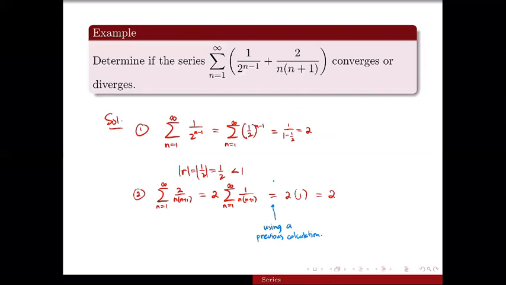Therefore, we have the series from 1 up to infinity of 1 over 2 to the n minus 1, plus 2 over n times n plus 1. This is just 2 plus 2, and this is equal to 4. Okay?